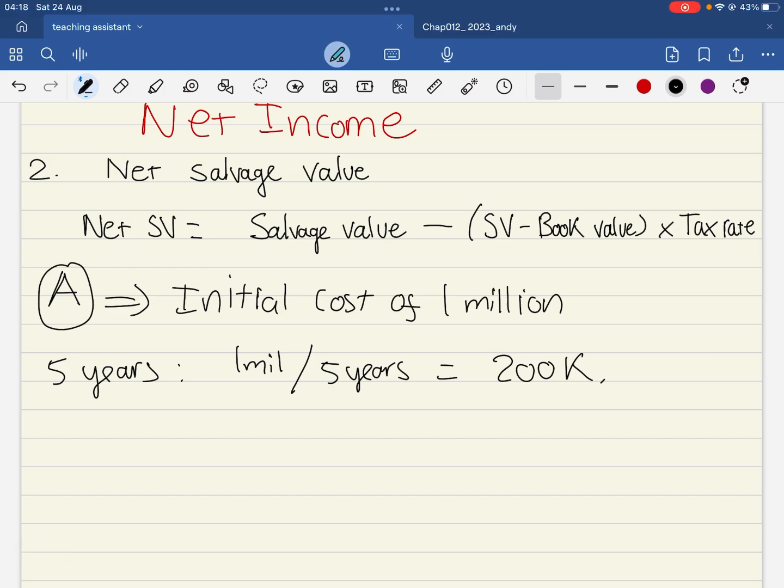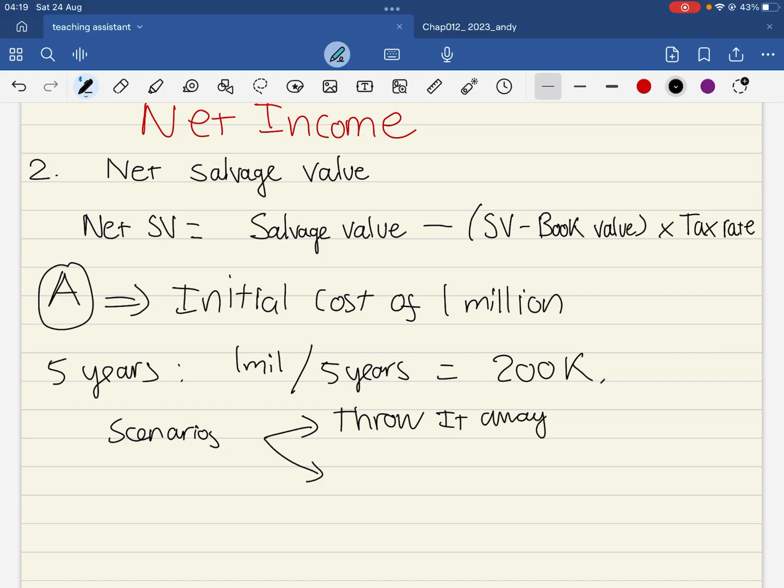Secondly, at the end of the period, there could be two scenarios. Either you will throw the asset away because it's fully depreciated and there is no point in keeping it.